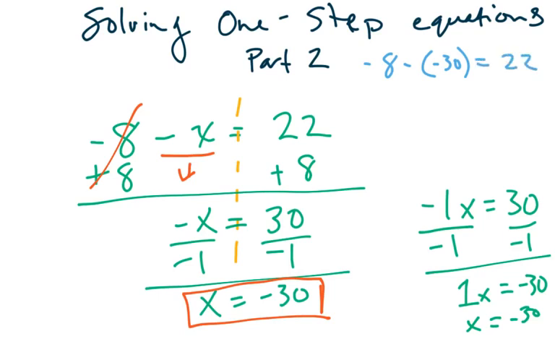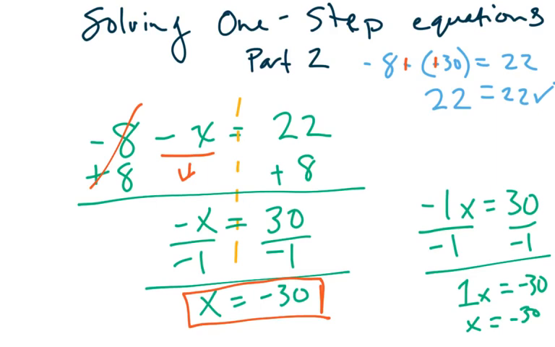Okay, so keep, change, and I'm going to write equals 22, and then I have to, you can use your calculator, positive 30, these 8 negatives will cancel out 30 of these positives, and I'll be left with 22 positives, so that works. Yay, it checks. Okay.